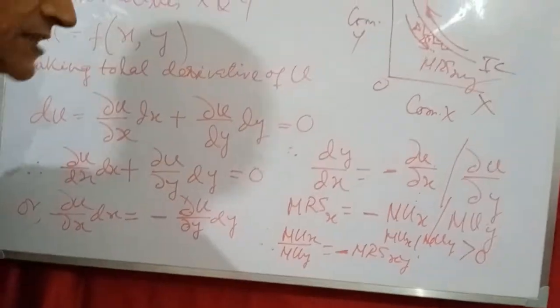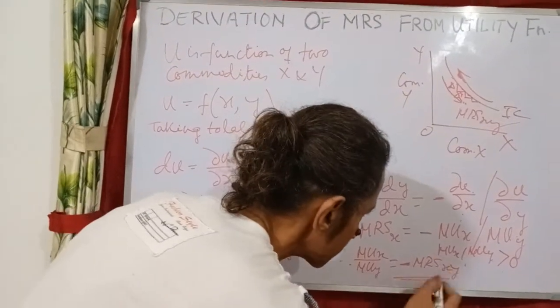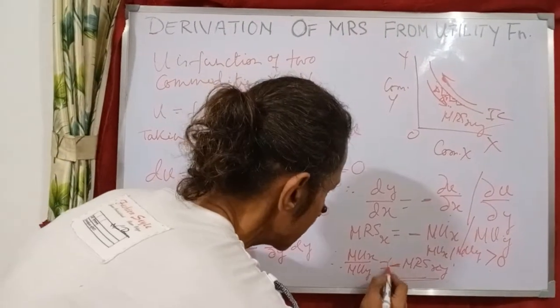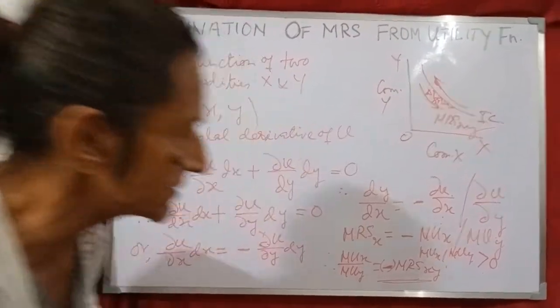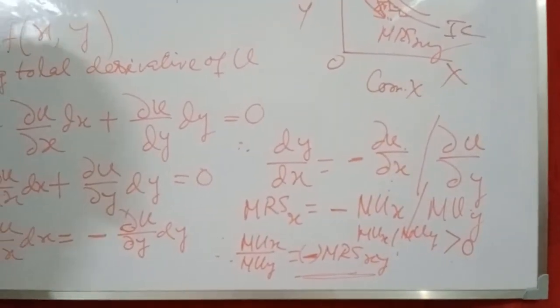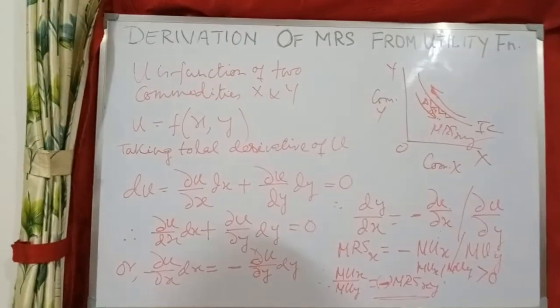Generally we ignore these negative signs, but it is actually negative. You can write it this way also, in bracket, minus MRS XY. Okay, so this is the derivation of MRS from utility function.